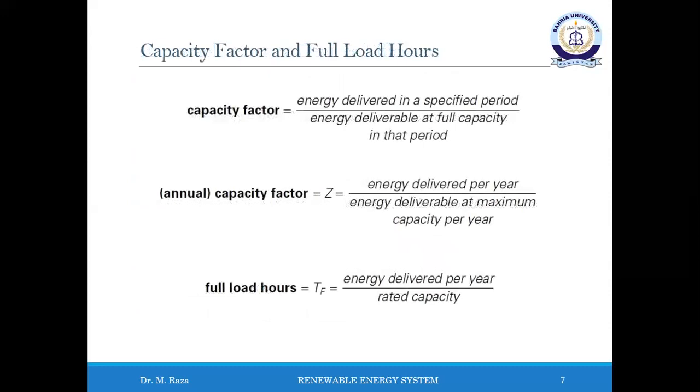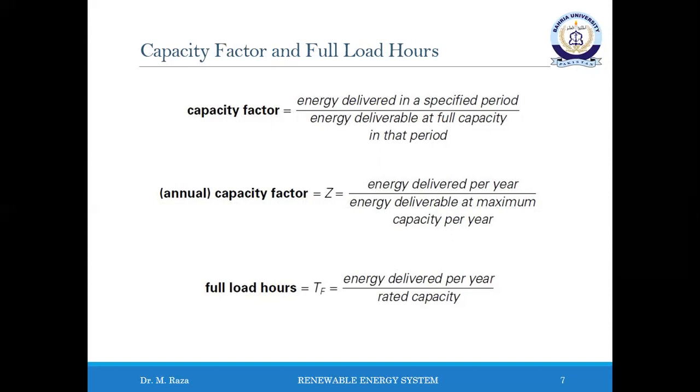The capacity factor can be defined as the ratio of energy delivered in a specified period and the energy deliverable at full capacity in that period. Normally, the specified period is 1 year, that consists of approximately 365 days.